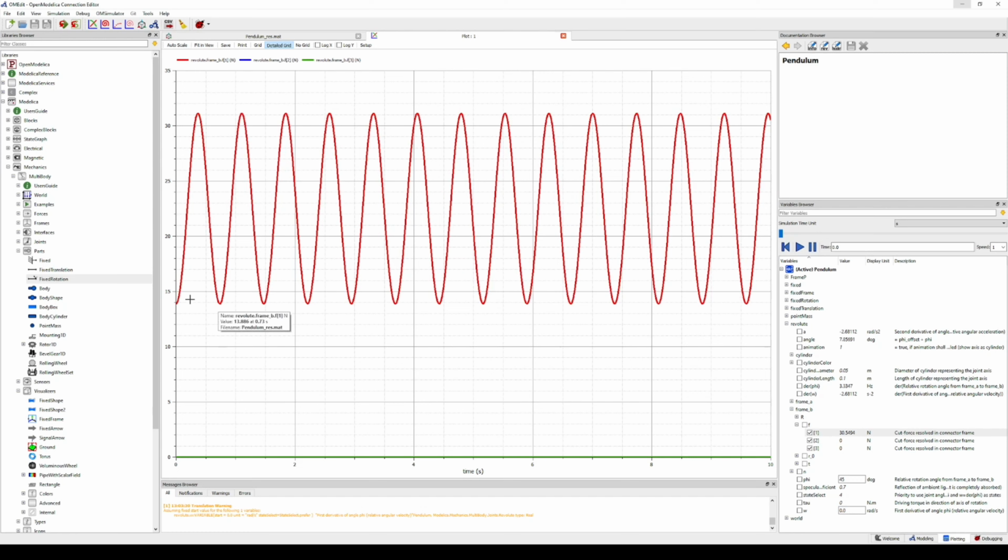So we can see that this red one is the X component, or the ER component. The blue is the E sub theta, and green is the E sub Z component. And you can see the E sub theta and E sub Z are 0 down here. And then E sub R is oscillating back and forth between 13.8 and 31.1.